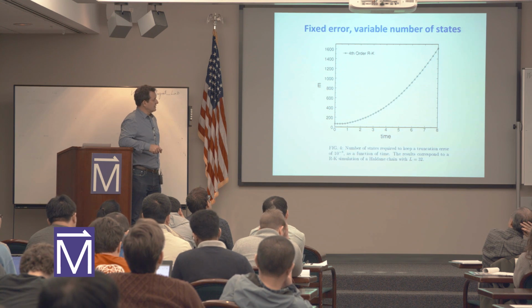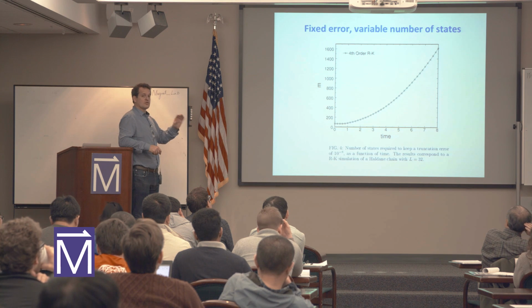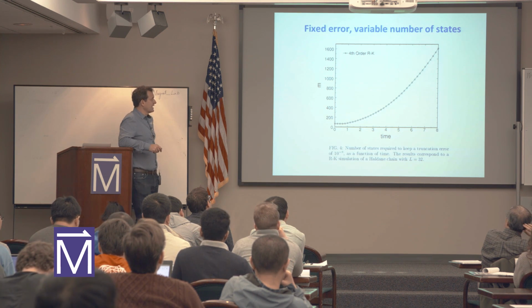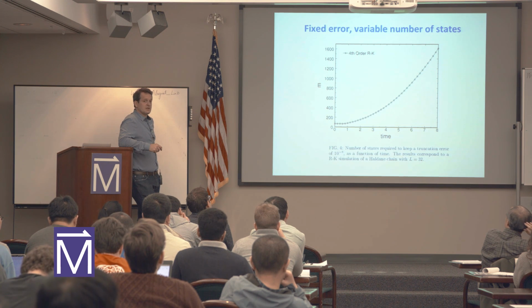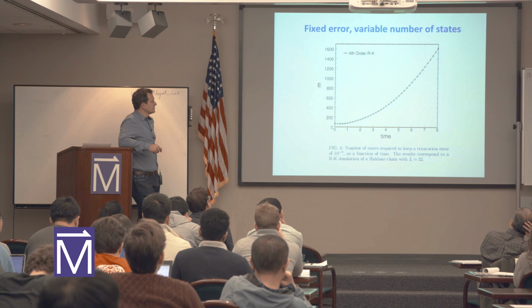Again, I told you earlier that if you keep the truncation error constant, as you evolve in time, you're going to have to keep more and more states. And this is a typical example. This is what happens after you perturb a Haldane chain with 32 sites, and you evolve it in time.